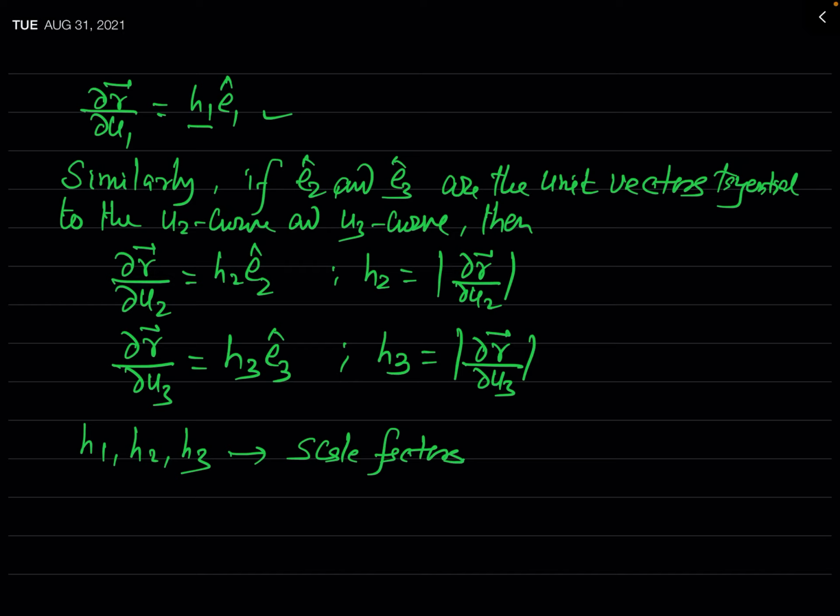So remember the results. Now as I have told you earlier, there are two conventions to select the set of unit vectors in the discussion of the generalized curvilinear coordinate system.